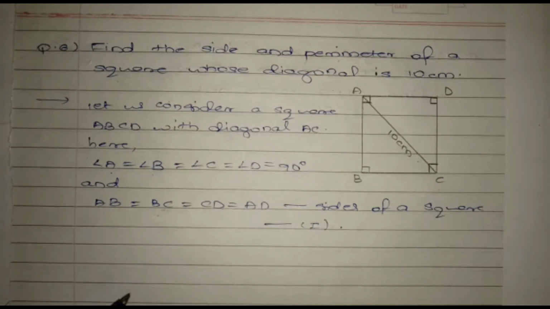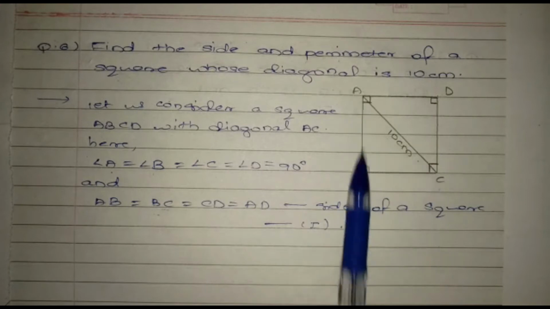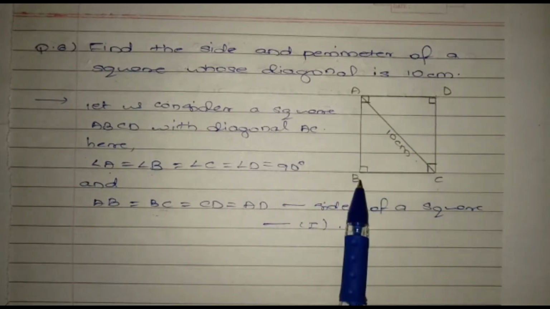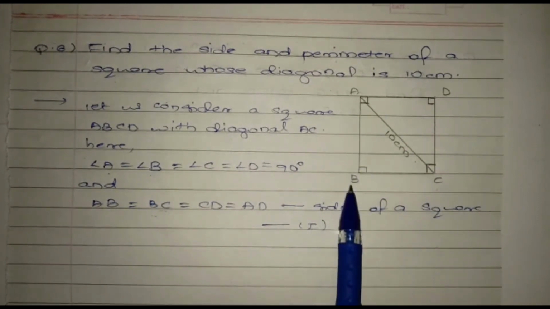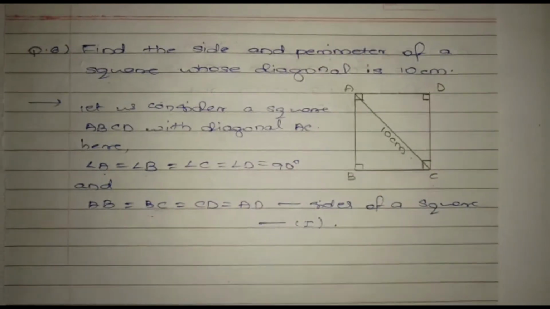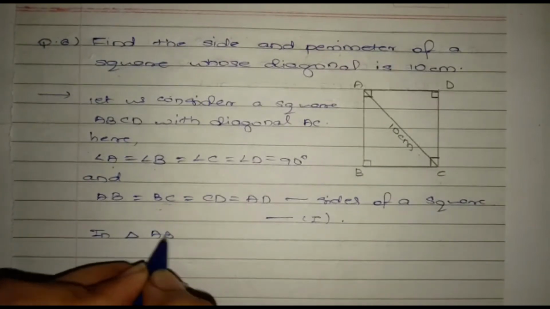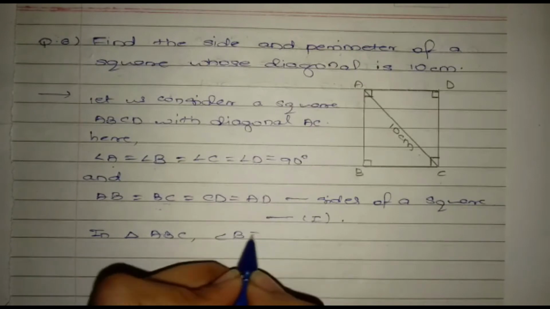Now we'll start with the sum. We'll consider a right angle triangle ABC. This is a right angle triangle because angle B is 90 degree. So we'll apply Pythagoras theorem. In triangle ABC, angle B is 90 degree.